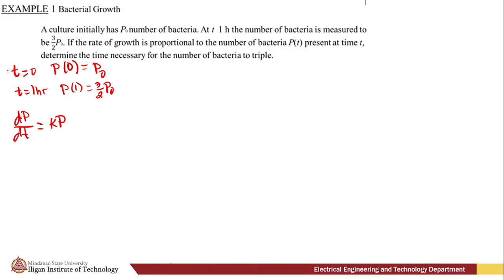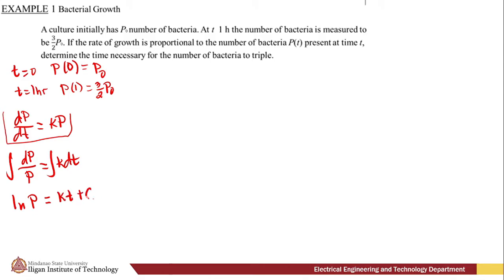To apply these initial conditions, we have to first solve our differential model. This one is variable separable. To solve this, we have dP over P equals k dt. Then we integrate both sides. We have ln of P equals kt plus c.